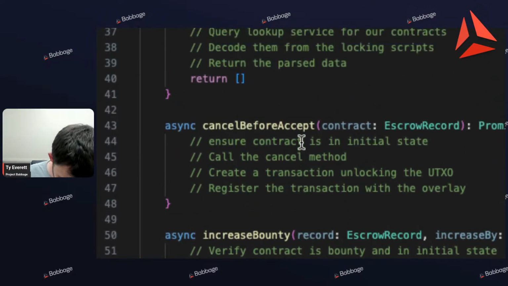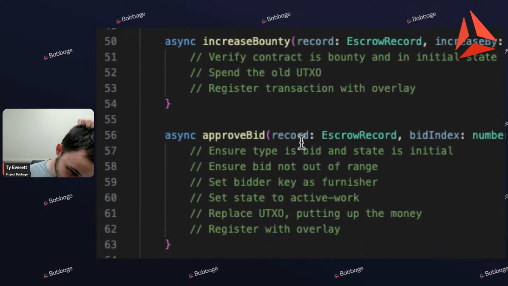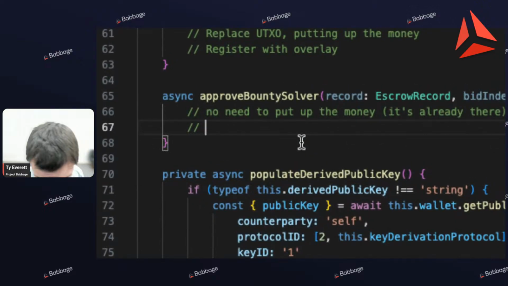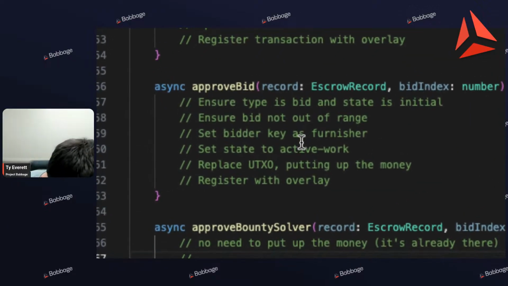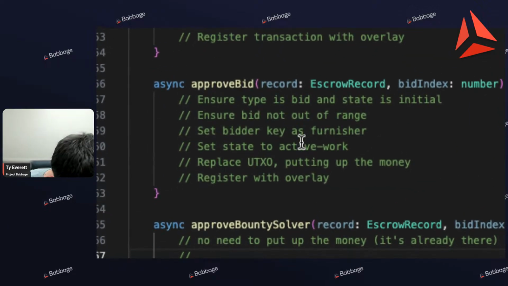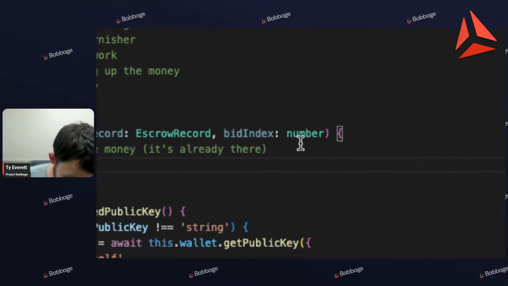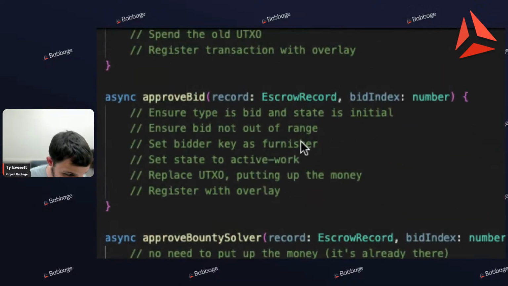You can increase the bounty. If you approve a bounty solver, and when we get to the other side of it, it's going to be easier to understand how that works.